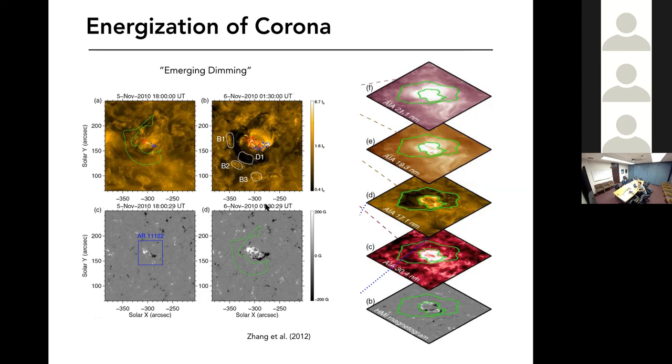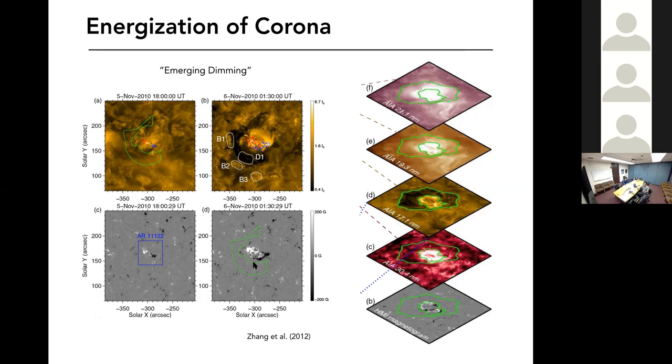If you outline the contour of the dimming on the magnetogram, it looks like this. The intuition when you see something dim in an image is that it's getting cooler, but that is not the case in this situation.